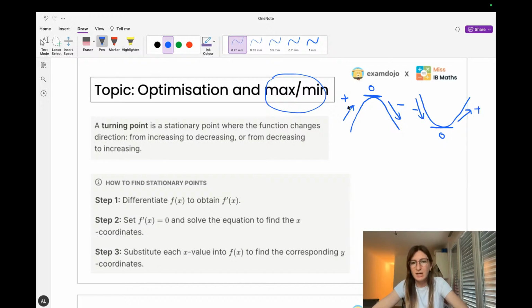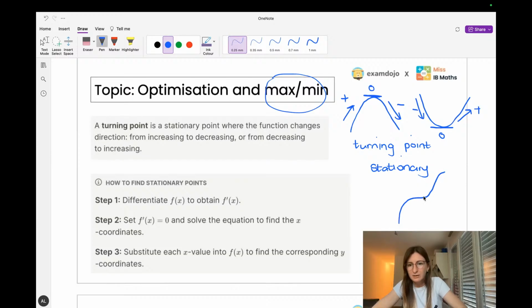So when you have that change from positive to negative, we call that a turning point, which makes sense. It's turning. A turning point is also a stationary point. So these could be called stationary points. But a stationary point could also be like a point of inflection.